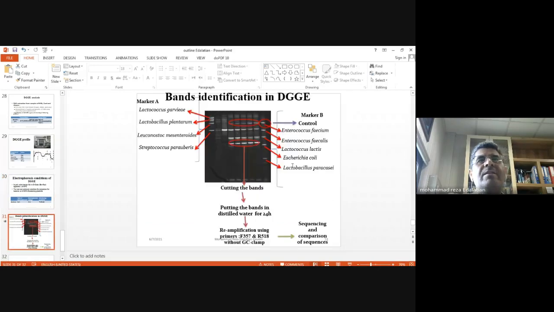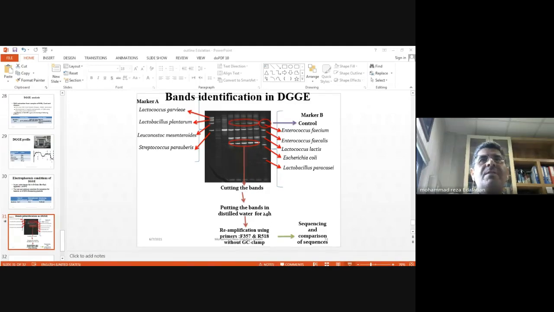And finally, in the last slide, as you can see here, this slide shows the band identification in DGGE. These ladders show the control or the marker.